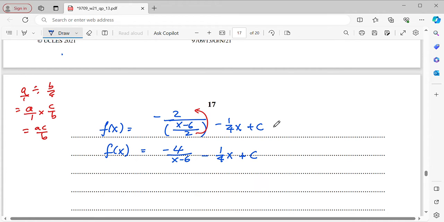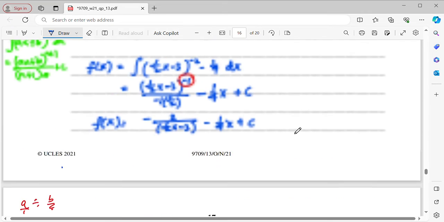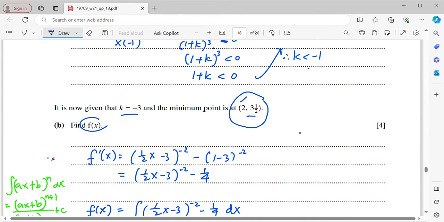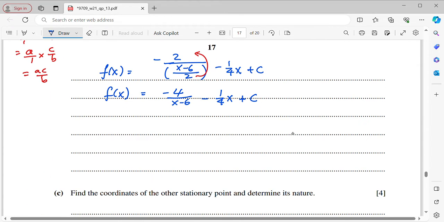But of course, to find the c, you need to replace the point. So x is 2, f(x) is 3.5, which is the same as 7 over 2. So 7 over 2 equals negative 4 over 2 minus 6, plus 1 over 4 times 2 plus c.